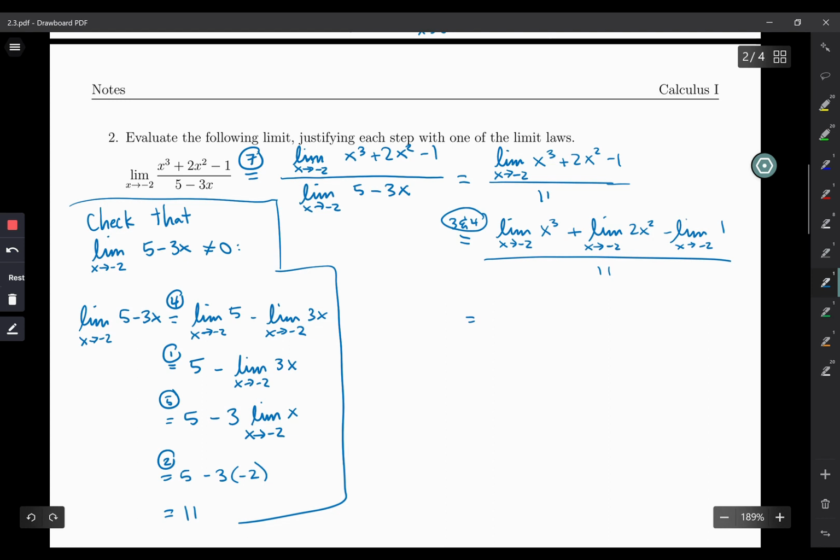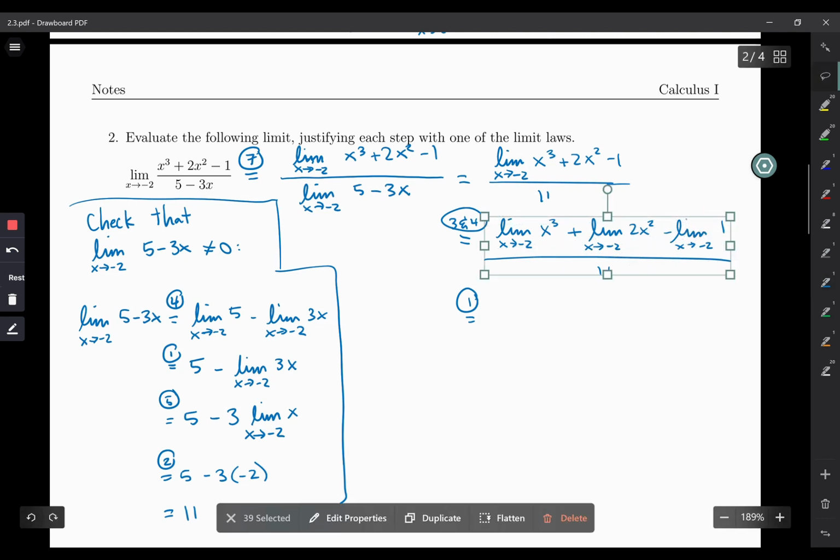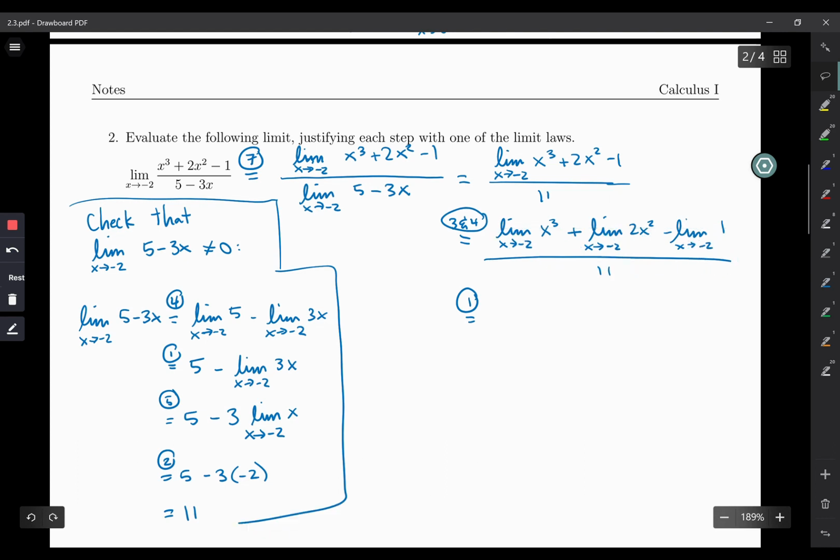Okay, now the next thing I'm going to do is just take the limit of this constant. So by the first rule, I'm actually going to cheat and copy this. Oh, okay, never mind. That might take longer than I thought it would. Okay, I will just copy this down.